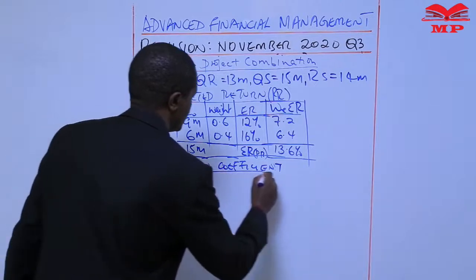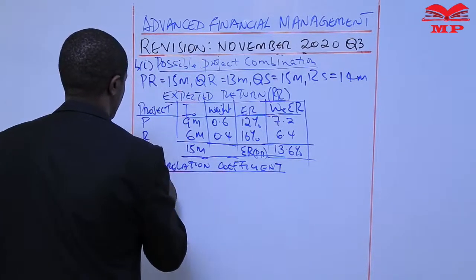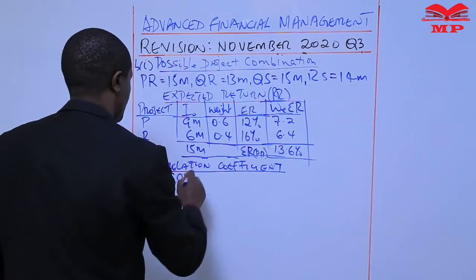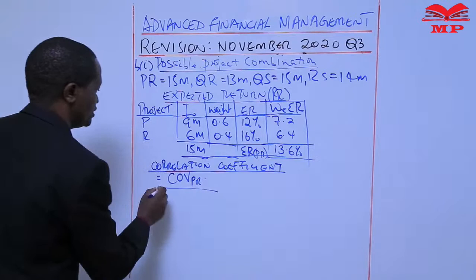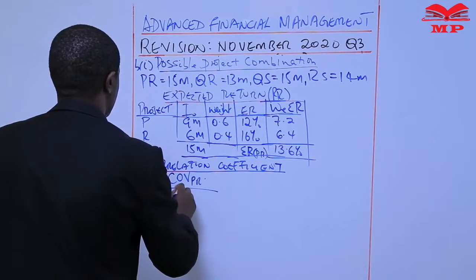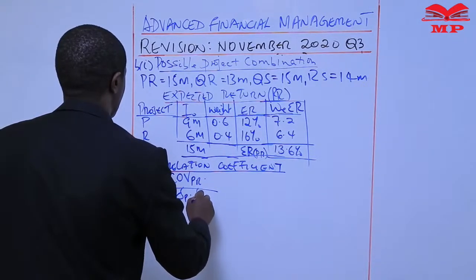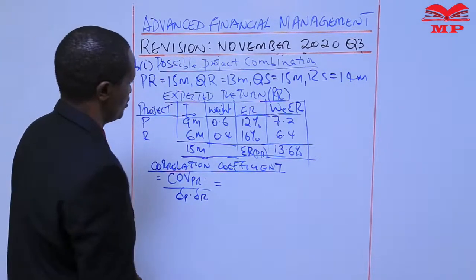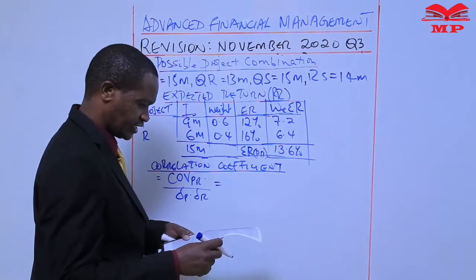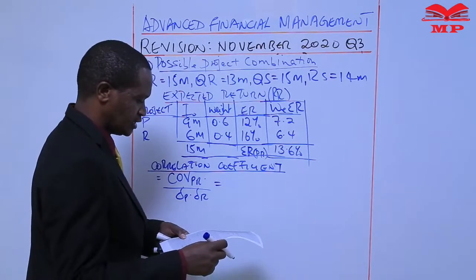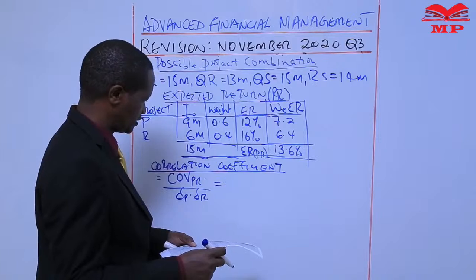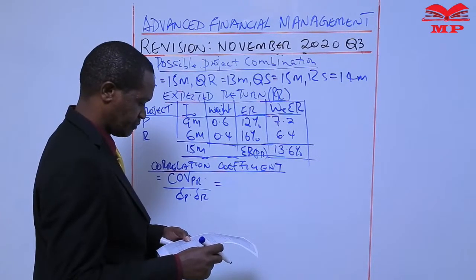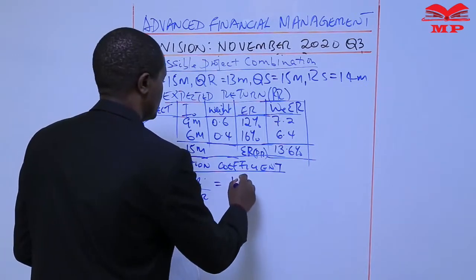Now the correlation coefficient will be equal to the covariance of projects P and R, divided by the standard deviation of P times the standard deviation of R. The covariance of PR, which we have in that question, is 1.3.